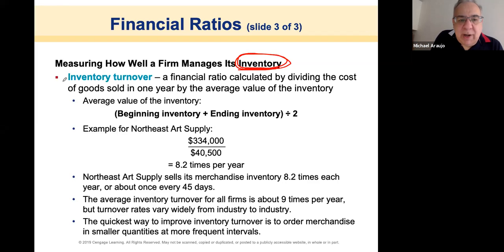So one measure of how well a retail company is doing, because all retail companies do is sell inventory, how quickly are they selling their inventory? You know, because no company wants to have inventory on the shelf for very long. They want that inventory to be sold to the customer and for cash.